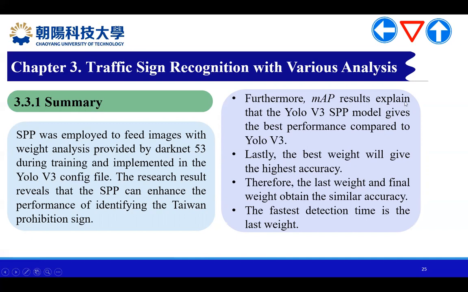The mAP result shows that the YOLO V3 SPP model gives the best performance compared to YOLO V3. The best weight will give the highest accuracy. The last weight and final weight obtain similar accuracy, and the fastest detection time is the last weight.